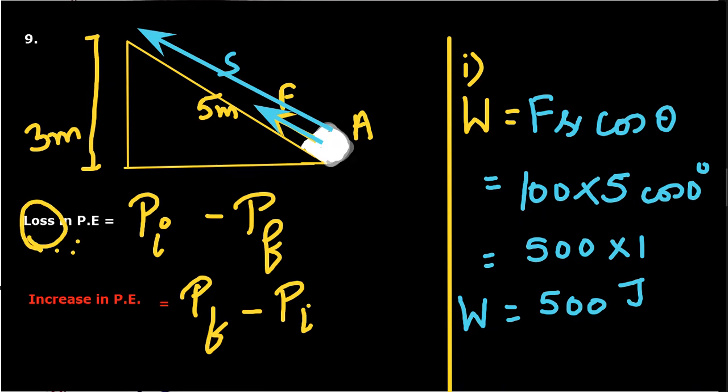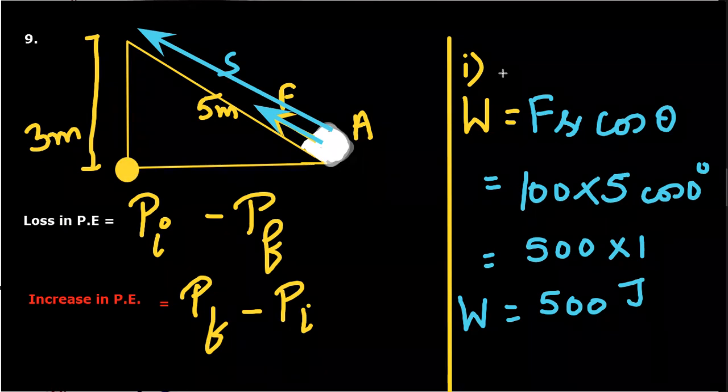Whenever you are talking decrease or loss, that means initial minus final. And if you want to write down increase, it will be final minus initial. So in this case, find the increase in potential energy. So what is the final potential energy? The object was here. It is reaching above the ground at a height of 3 meters.